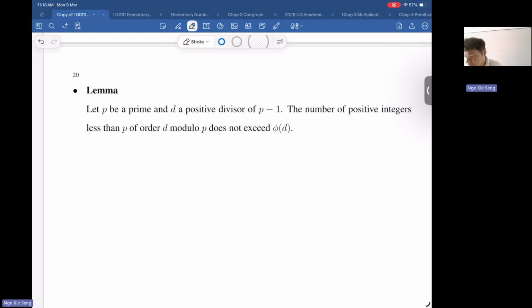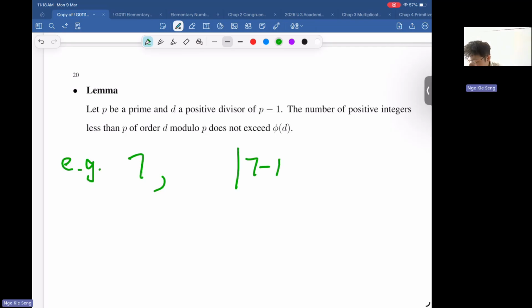First of all, let's take some examples. How about looking at 7? The positive divisors of p minus 1 are a few choices: you can take 2, 3, or 6, or 1 actually.